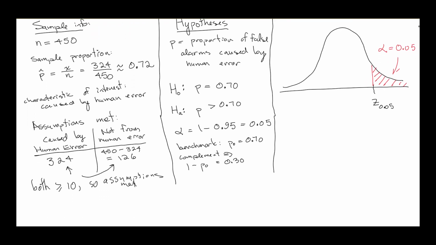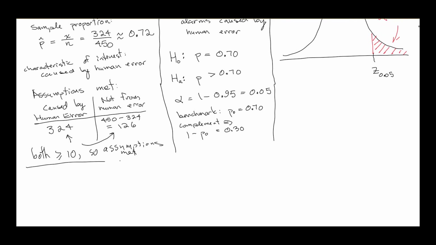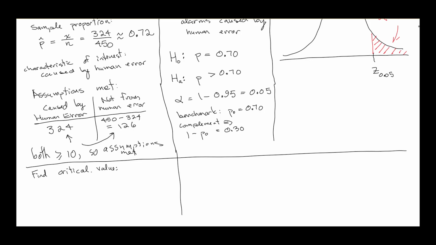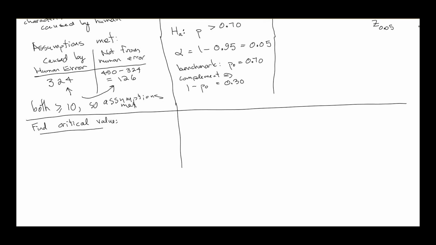Okay, so now we need to find our critical value. To find the critical value, let's think about the fact that the right tail area is 0.05.